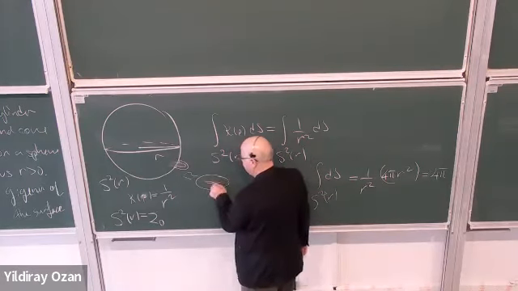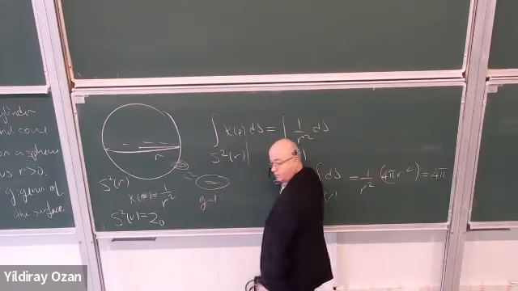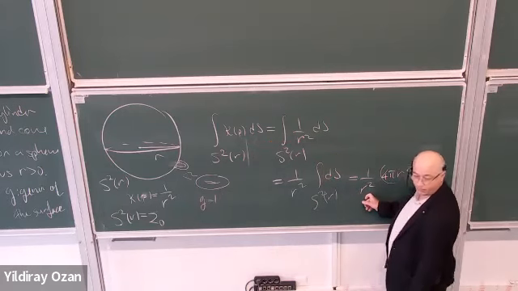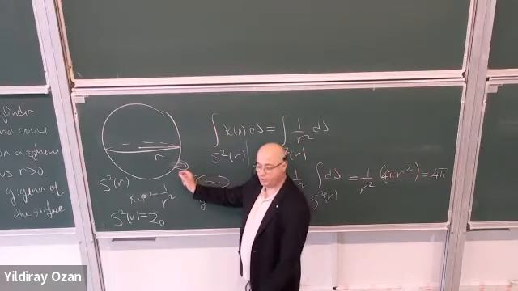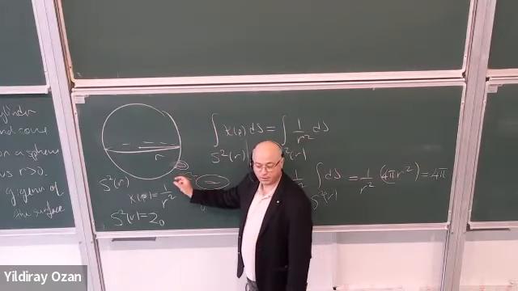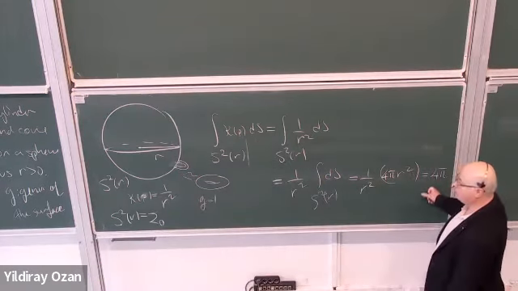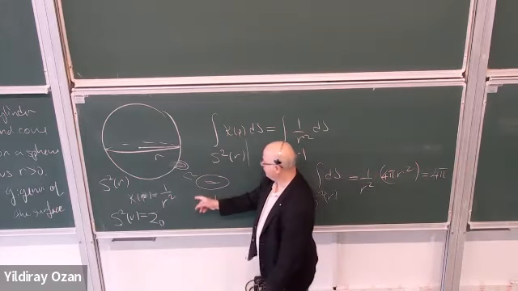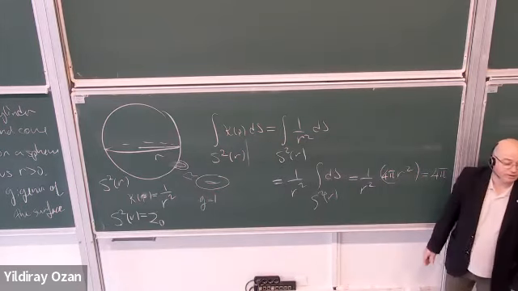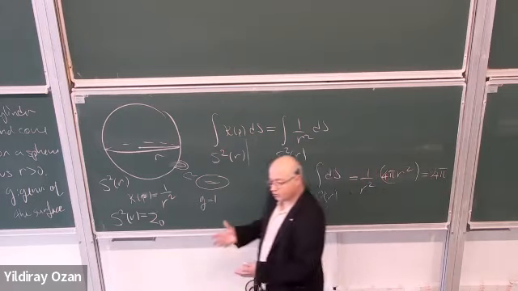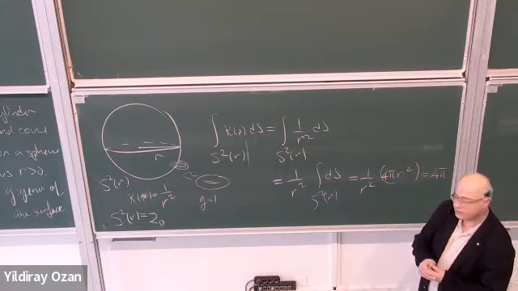So its genus became 1, and this integral will turn out to be 0. So by just putting a very small handle, the whole computation becomes 0. Once you integrate over this new surface, the result will be 0. So the Gauss-Bonnet theorem is such a powerful result.